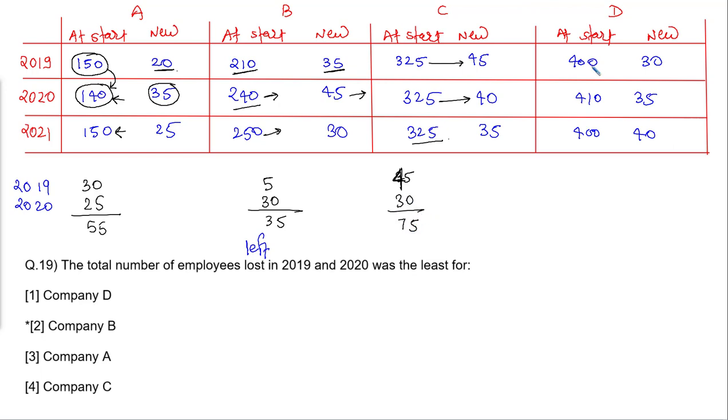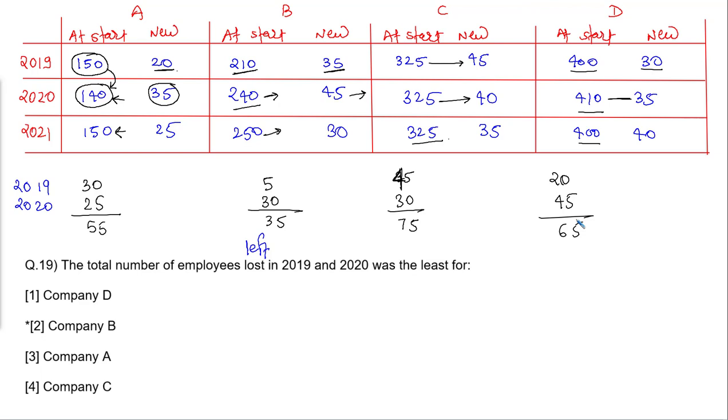In the company D, 400 plus 30, 430 minus 410, 20 employees left. Here 410 plus 35, that is equal to 445 minus 400, 45 are left in the year 2020, total 65 are left.